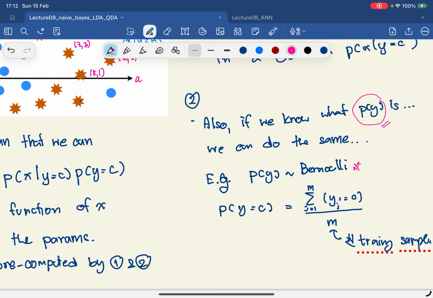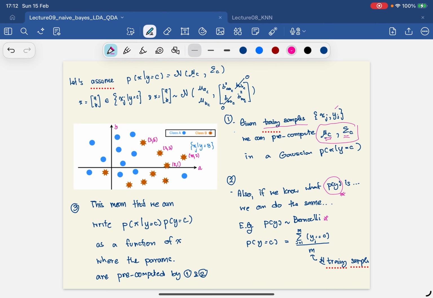Then you get the chance for a sample to be in one class. Put these two together, and you will have a function of X that represents the posterior distribution. As you can see here, all the parameters are pre-computed in step 1 and step 2 already.